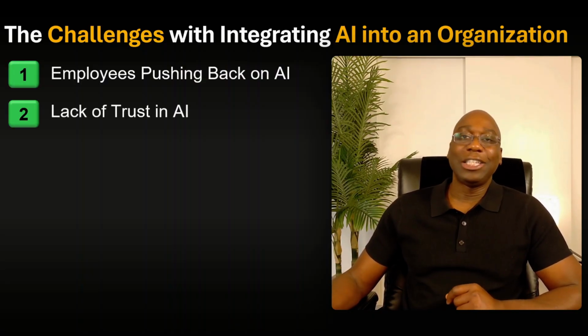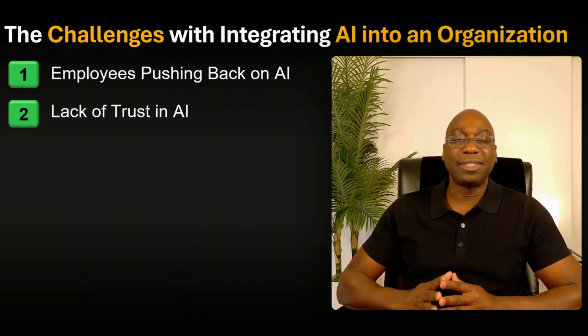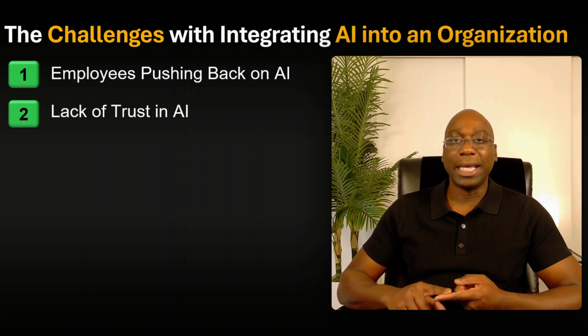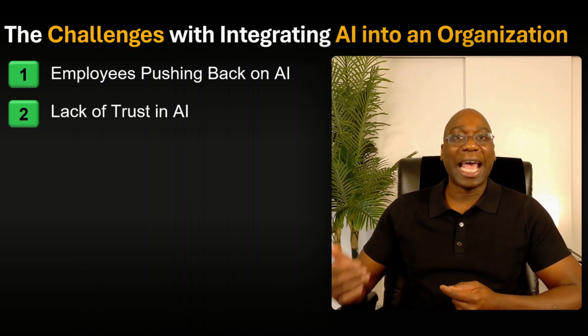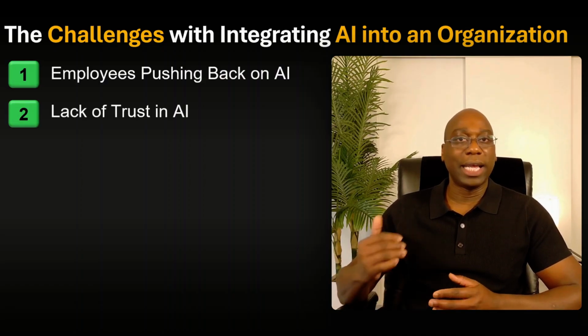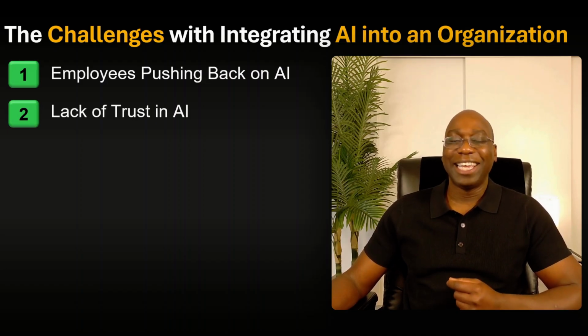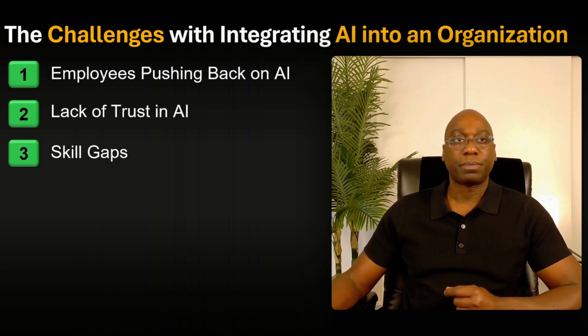Another key issue is a lack of trust in AI, because sometimes AI systems hallucinate, or they don't provide the right answer that individuals are expecting, or they just straight up say they cannot do something, right? So that often leads to a lack of trust in AI for a lot of people.